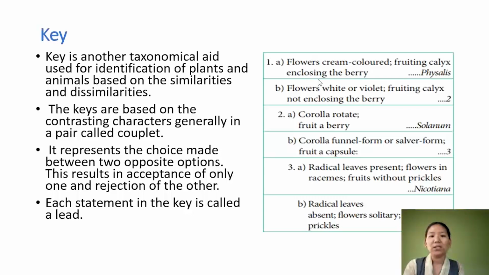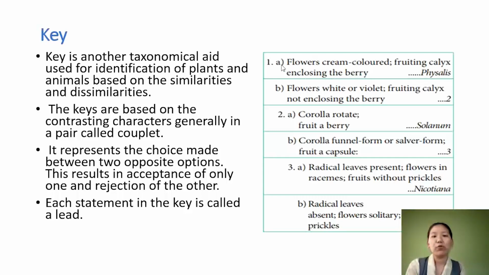This is one lead, this is another lead, and together we call them a couplet. These two characters are contrasting, so you have to make a choice between these two.